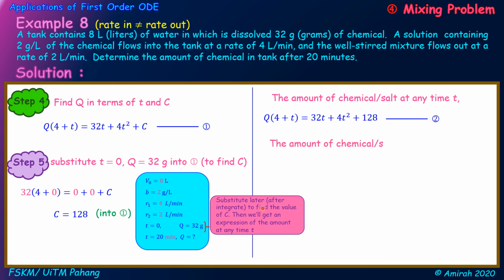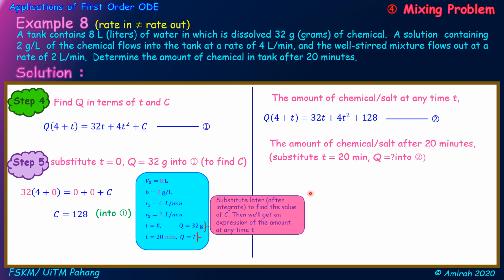Then we can find the amount of salt from this question, determine the amount of chemical, or the amount of salt after 20 minutes. We substitute t equals 20 minutes, Q equals question mark, into equation 2.